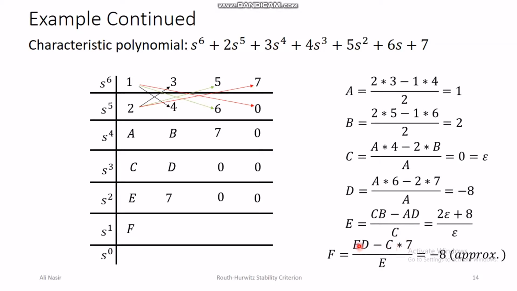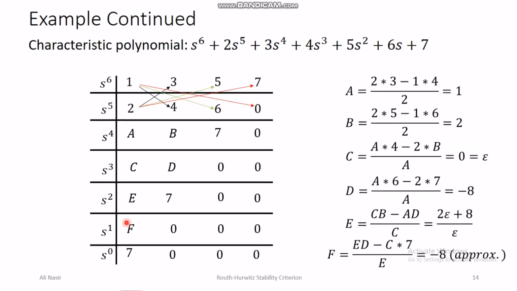ED divided by E is D itself, and D is minus 8, so F becomes minus 8. Then we fill in the remaining row with zeros, because there is nothing more to calculate. And 7 here is F into 7 minus E into 0 divided by F, which is 7 itself. And so this is complete.